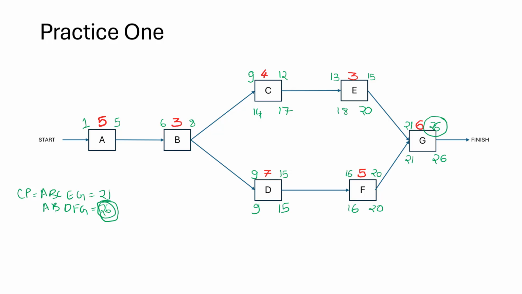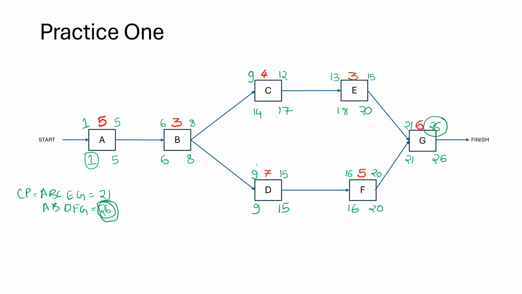We have to take the smaller of the two start dates, that is 14 and 9, which is the smaller, 9, subtract 1 to go ahead. So this will be 8. 8 minus 3 is 5, plus 1 is 6. Going to task A, 6 minus 1 is 5. 5 minus 5 is 0, plus 1 is 1.